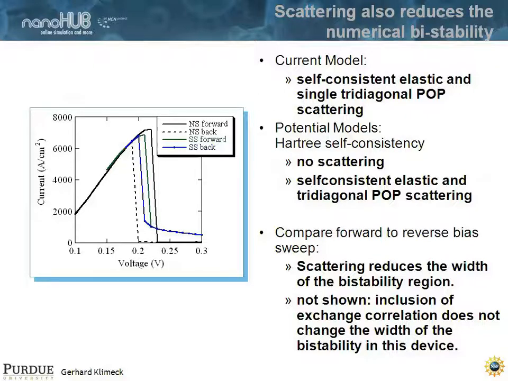So again, you can reduce that bistability, and it turns out that it's really just a numerical artifact or model artifact in terms of a central RTD in a symmetric device. Of course, you can construct an asymmetric device that has charge accumulation and depletion, and then you will have bistability.